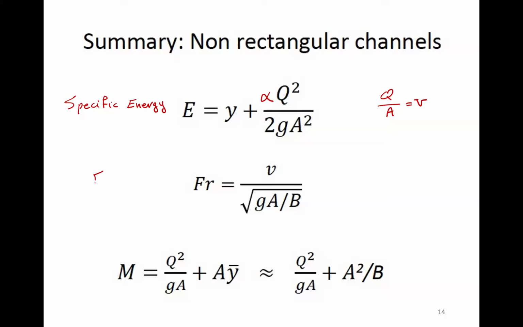Then we have the Froude number. So Froude number Fr is this one. Again, we have a correction of square root of alpha. And keep in mind, always, area is a function of depth. It's not a geometric property of the flow. It's a flow property.